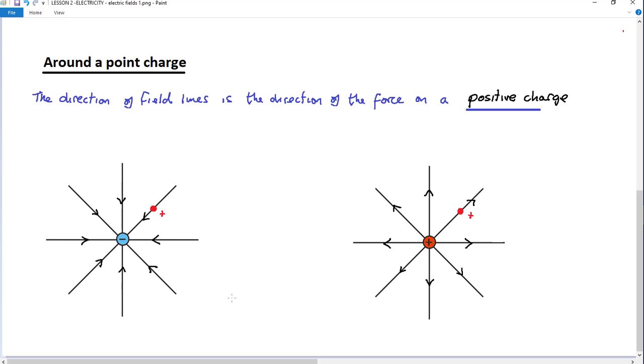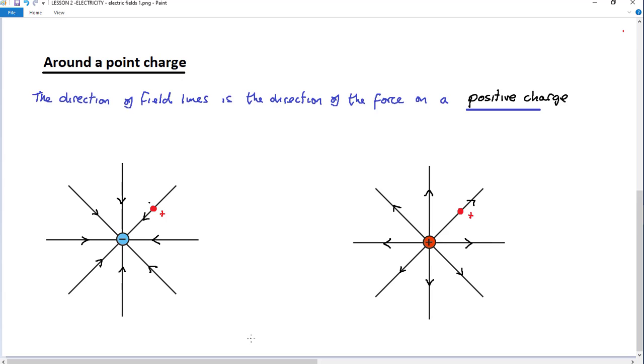It is very unlikely, in fact I don't think you will ever be asked in a GCSE to describe or draw or sketch that field pattern. You will only be asked to sketch a field pattern for a single point charge that is isolated.